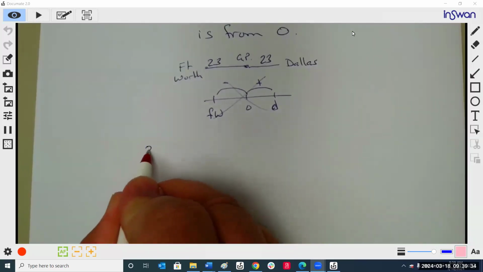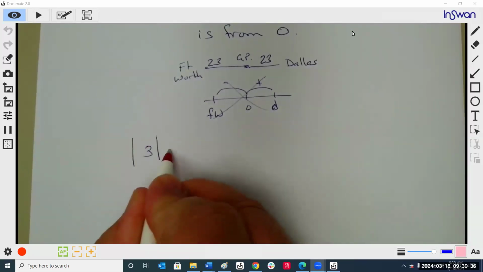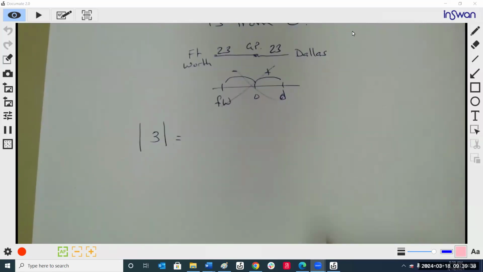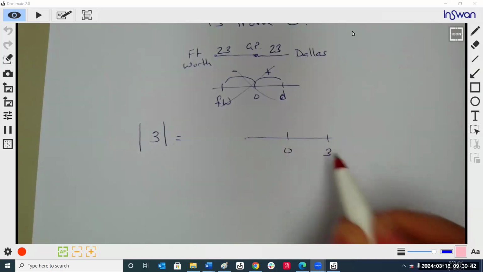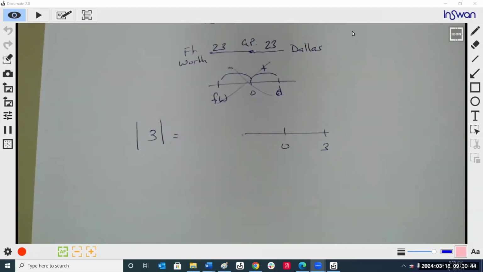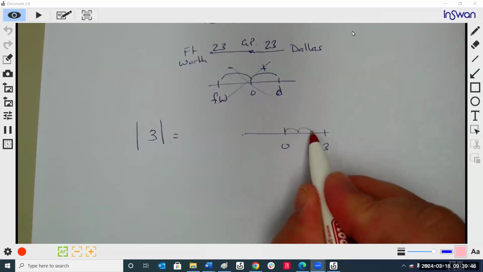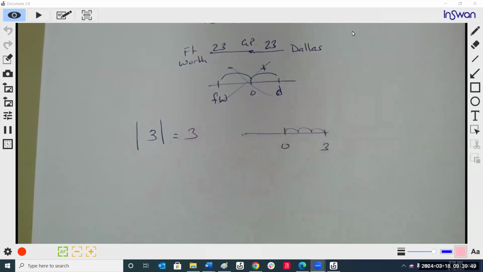So any number inside there is asking you, okay, from 0, how far is the number 3? 1, 2, 3. It's 3 units away.